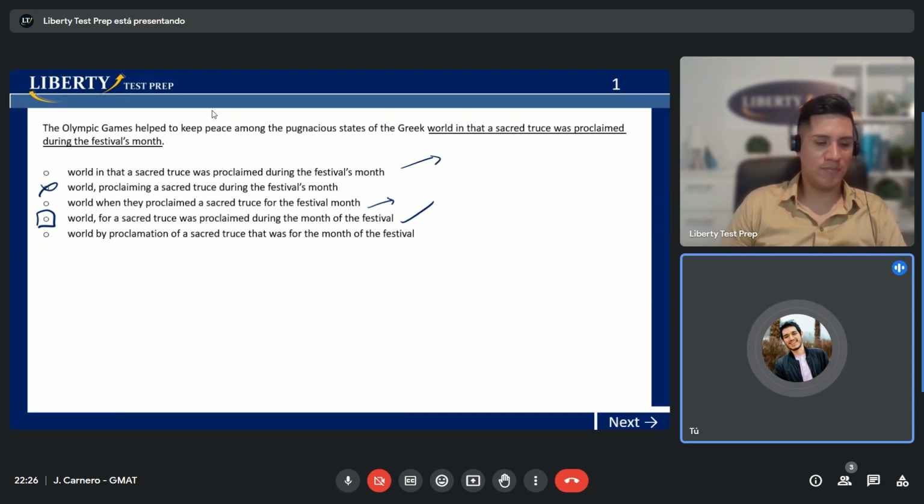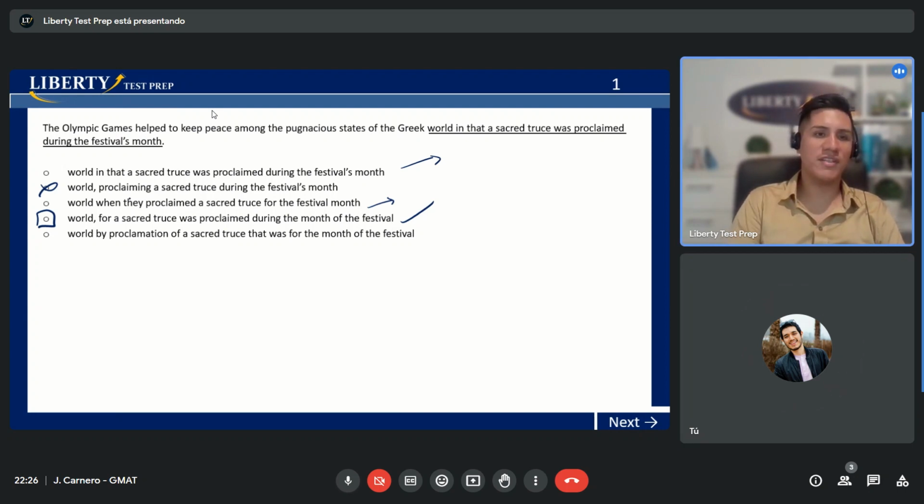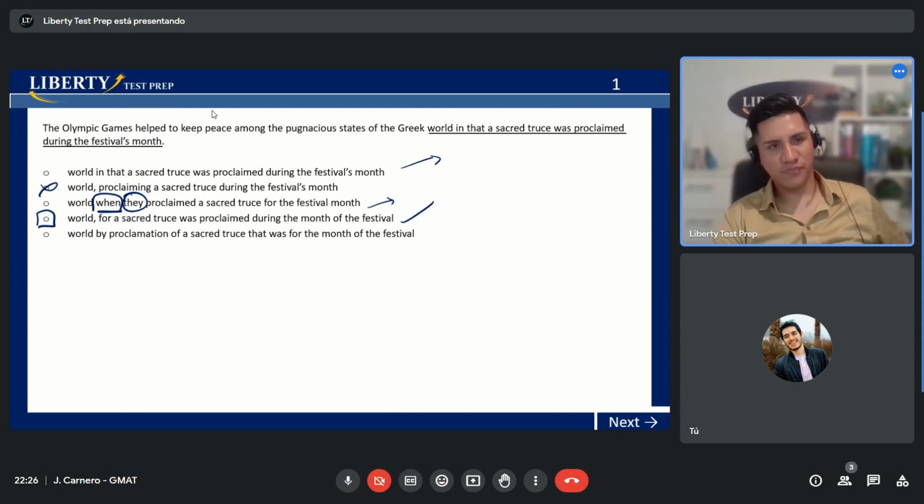So they could be referring to states or to the games. Yes, that's good. So that is kind of ambiguous. And besides, when changes the meaning too much, okay? Because it's not when, they want to say how they helped them or how they achieved that peace, right? So it's different. When it's not helping there.